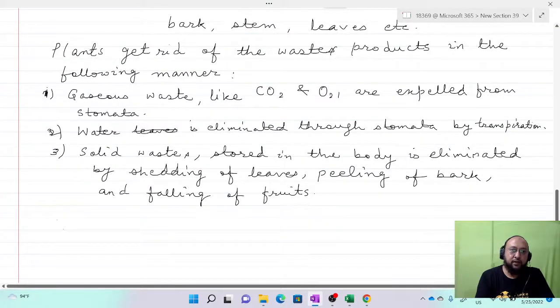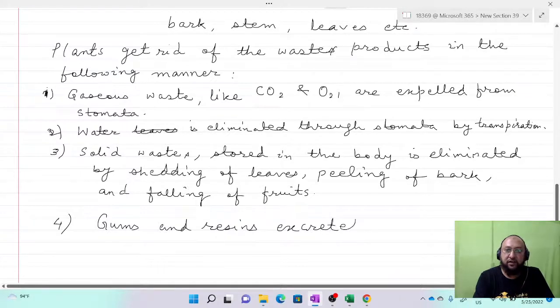Then the gums and resins excreted from lenticels. This is a kind of another pore. Okay, straight from the lenticels in the bark.